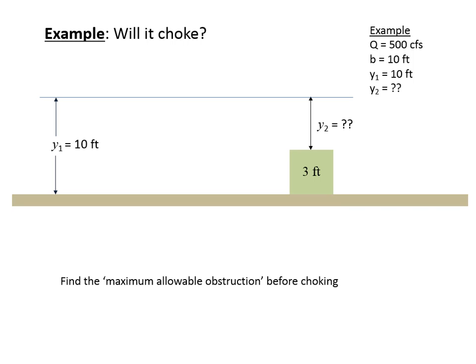And then plus the 500 cubic feet per second squared divided by 2 times 32.2 feet per second squared, and then 10 times Y2 squared. So the energy at 1, the obstruction height, and the energy at 2.